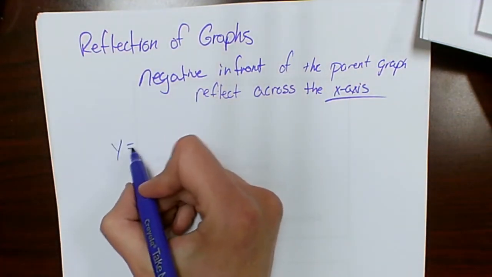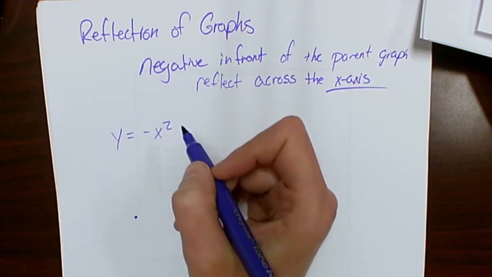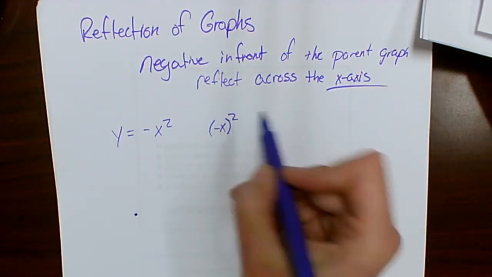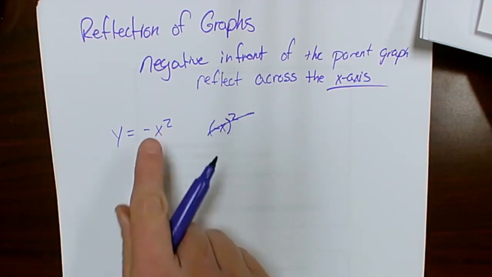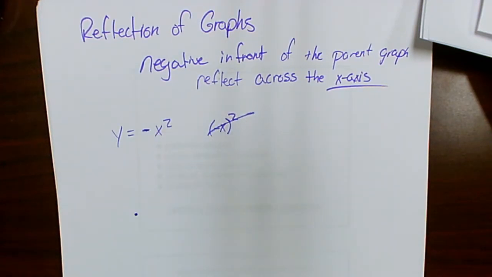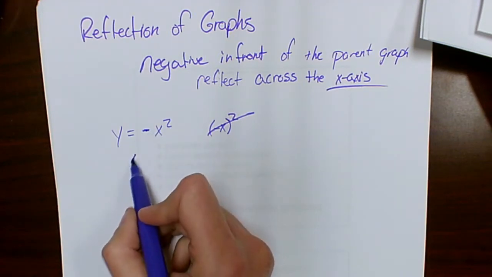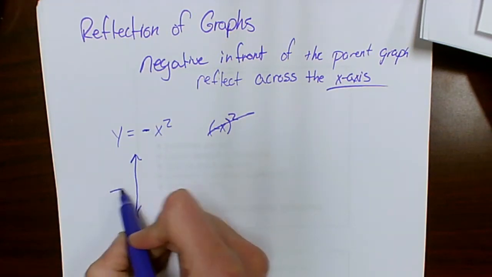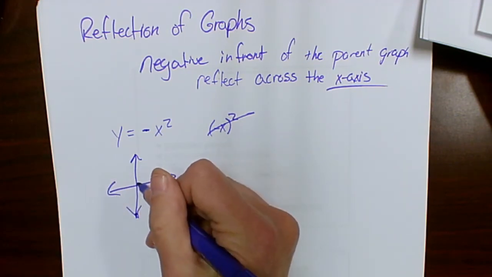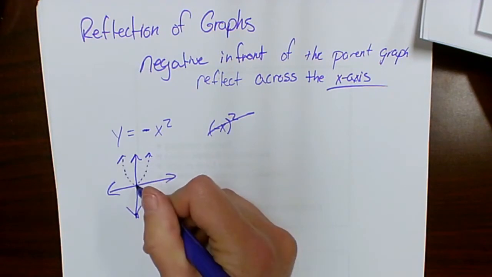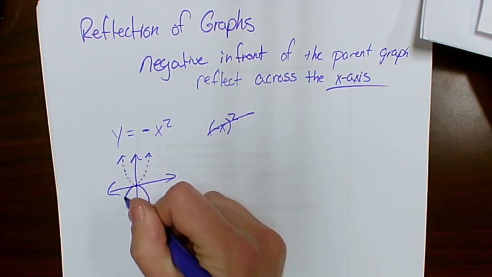So for instance, y equals negative x squared. Okay, it's different than this. That is not the same. We are taking the opposite of x squared. So whatever value we have here, we're going to take the opposite of it. So the parent graph is in the shape of a U. If we're reflecting it, it's going to actually reflect down.